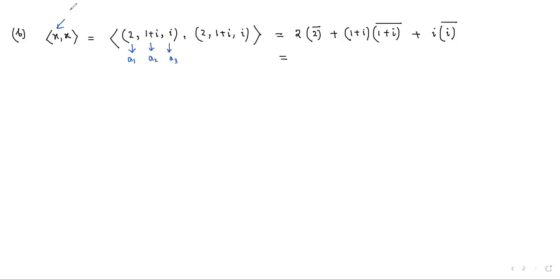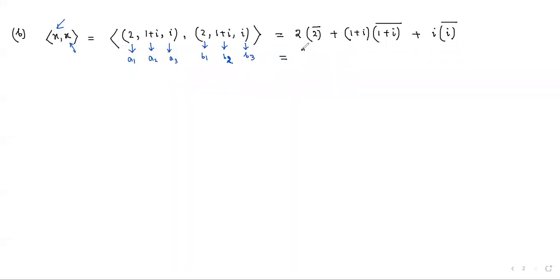And when x is written on the right hand side in that position, we'll consider it as b1, b2, b3. Although in this case a1 equals b1, a2 equals b2, and a3 equals b3, for the sake of our calculation we are doing it in the following manner.